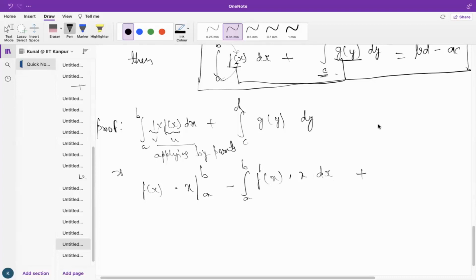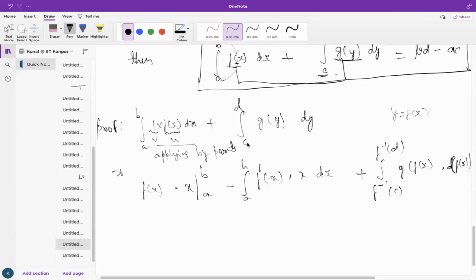Plus, we can write y is equal to f(x) because it is the inverse. So there will be the limits c to d, and g of f(x) d f(x). We are just changing our variable of integration.